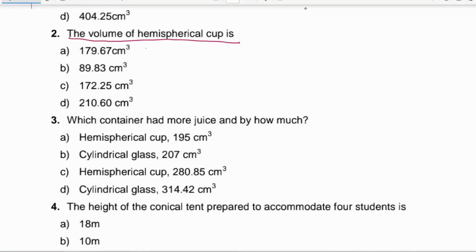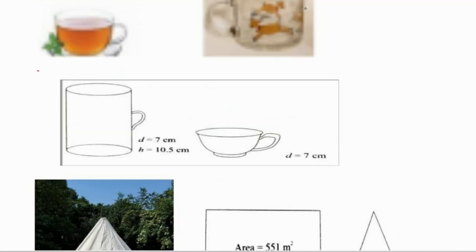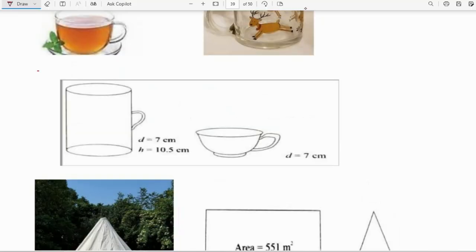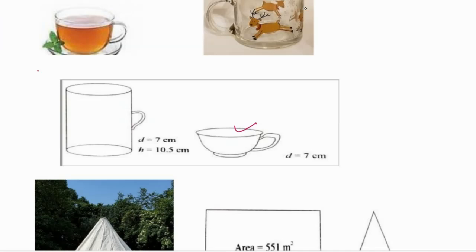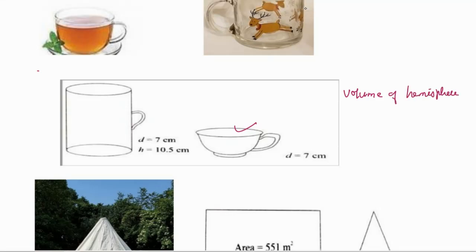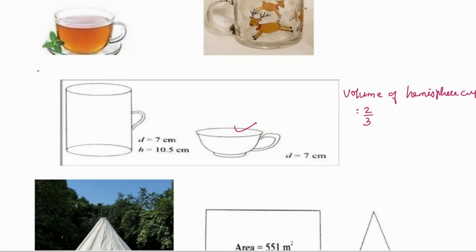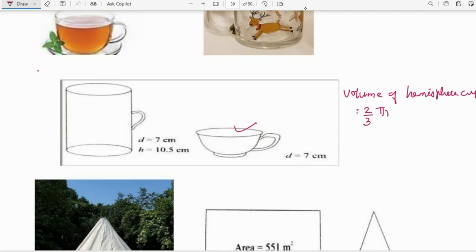You have to find the volume of the hemisphere cup. So yeah, moving on with that. This is the hemisphere cup, so we have to find the volume. Volume of the hemisphere cup will be equal to 2 by 3 pi r cube.